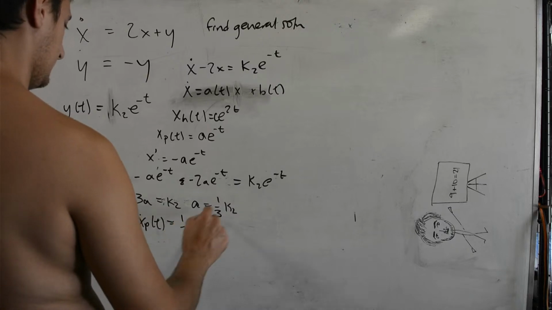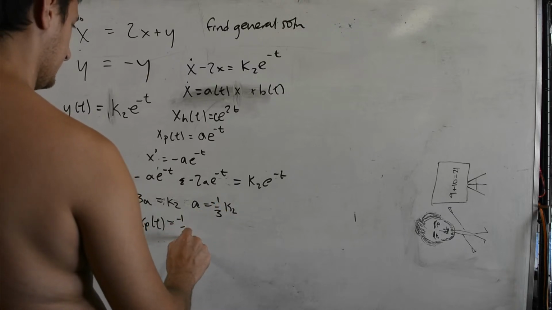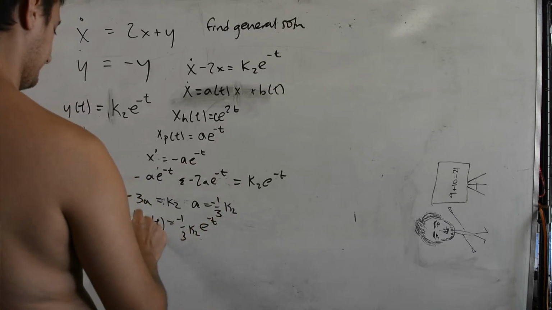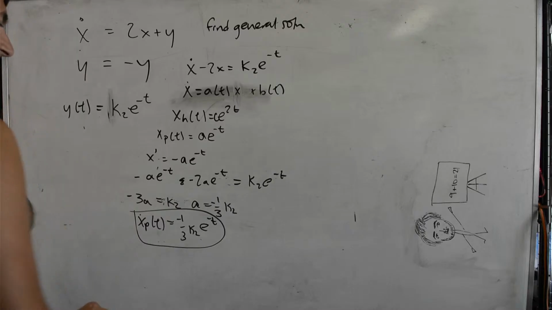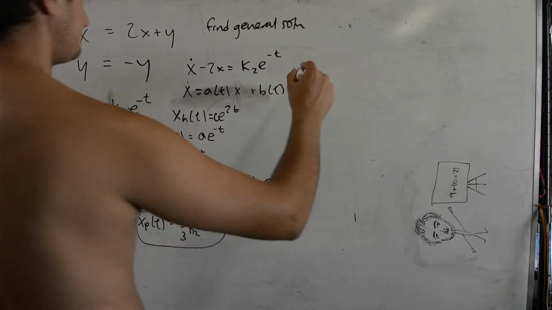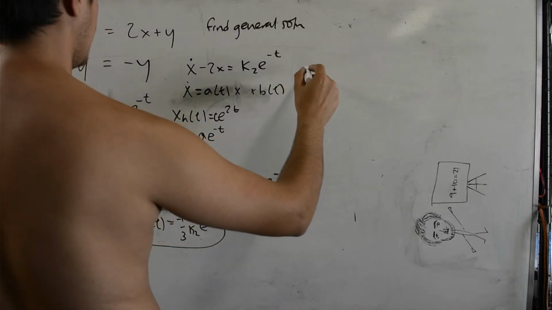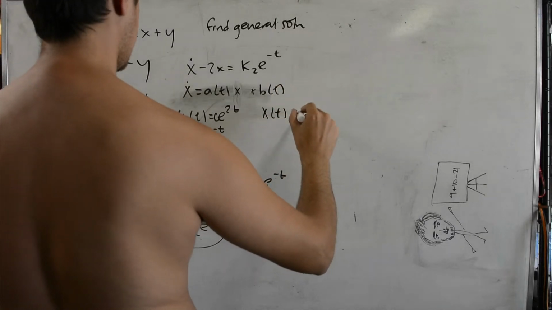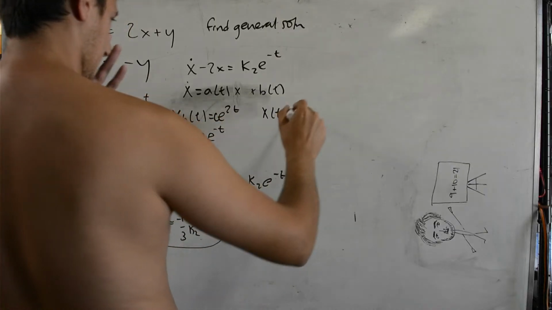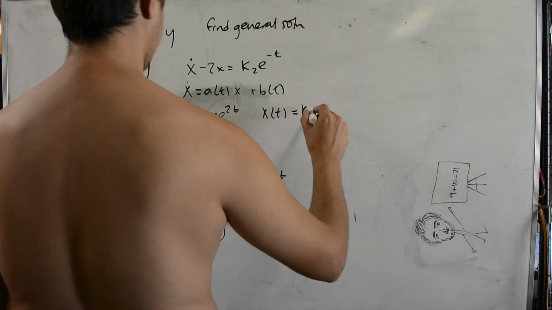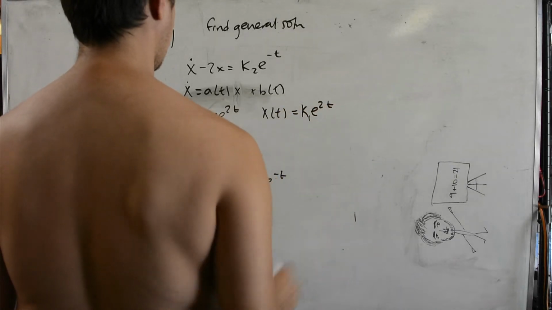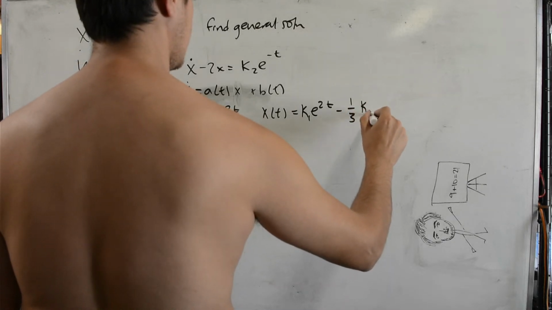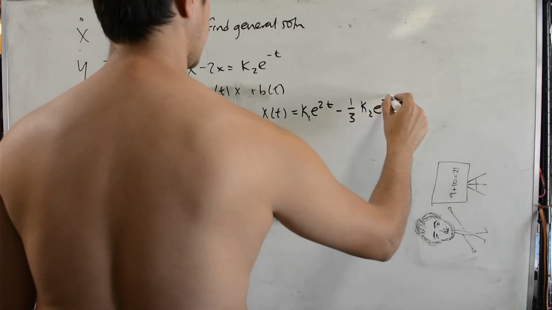minus 1/3 k2 e to the minus t. With that particular solution in mind, we can now do our whole solution. X of t is equal to, let's say, k1 e to the 2t minus 1/3 k2 e to the minus t.